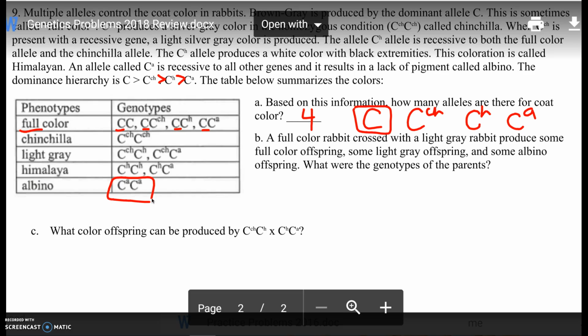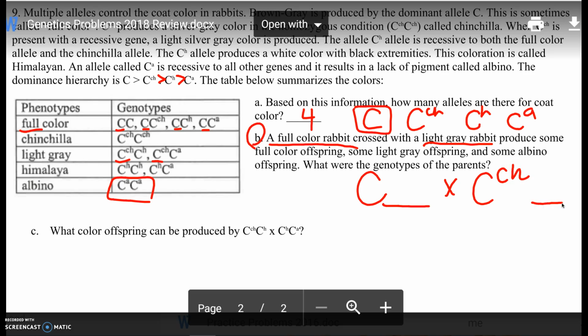All right, so this is probably the harder problem, because C is actually pretty easy. So in this problem, here's what you're going to do. A full color rabbit. If you look at full color, you'll notice they have to be C something. So you automatically know the first letter. It's crossed with a light gray. If you look at light gray has to have C, CH.